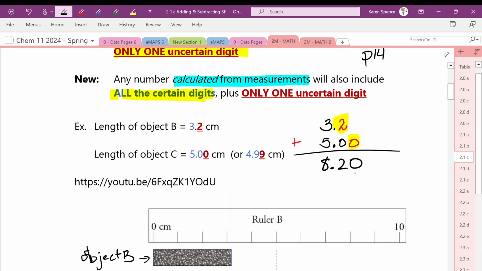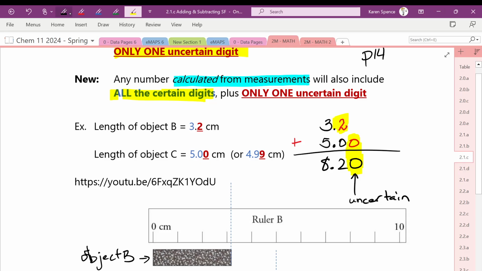Now, the question is, is this 0 certain or uncertain? Uncertain. Why? Because that 0 was uncertain, so that 0 is also uncertain. So the uncertainty carries down.